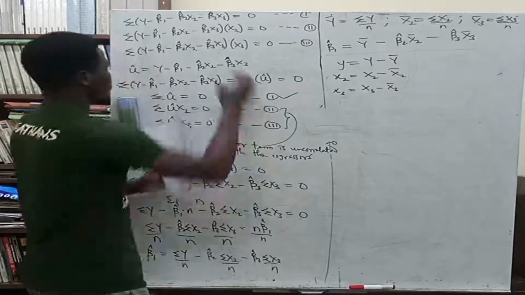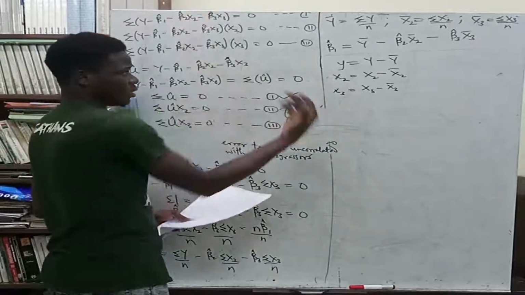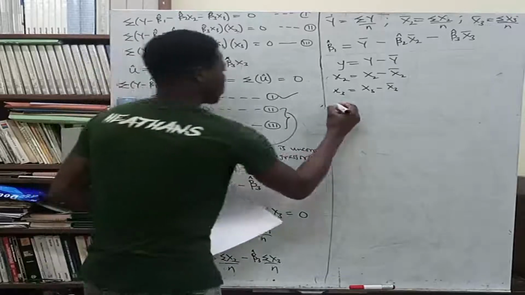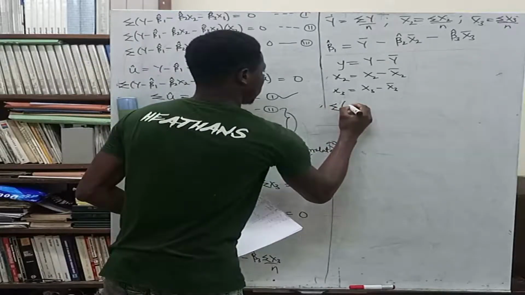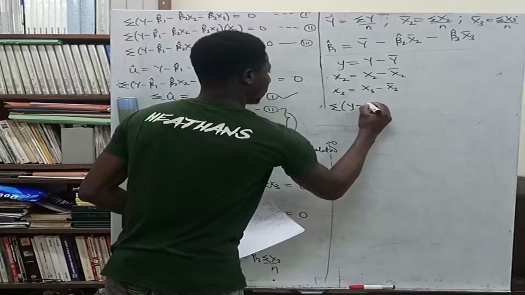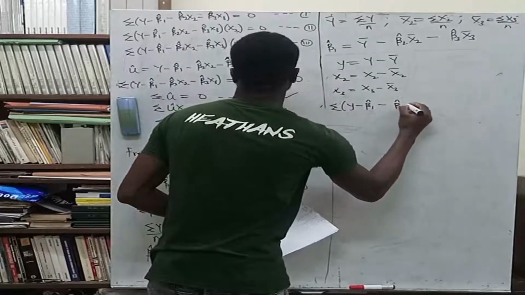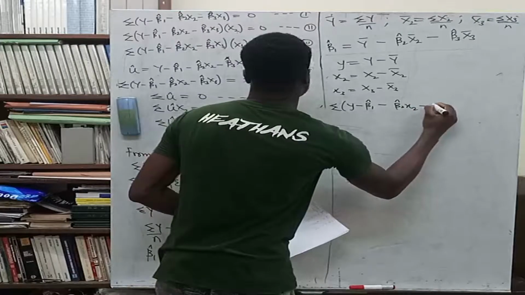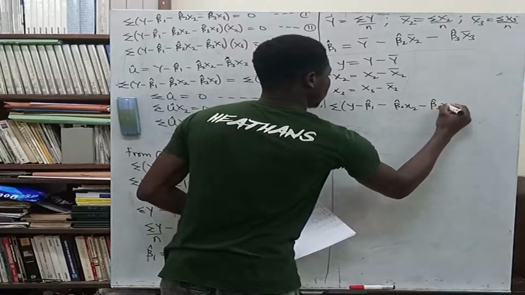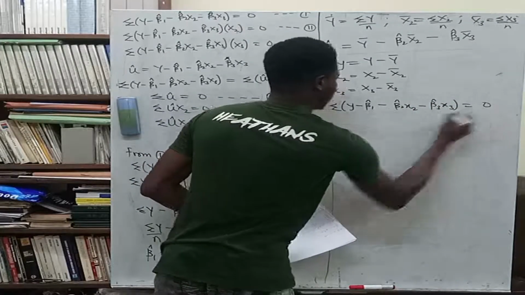So what we have here, we can write out in the deviation form as summation y, in small letters, minus beta 1 hat minus beta 2 hat x2 minus beta 3 hat x3 equals 0.